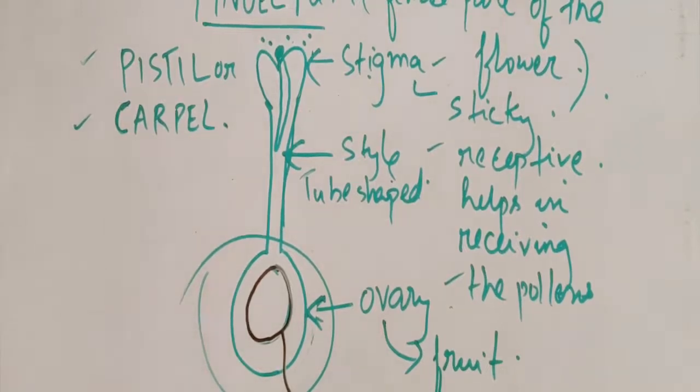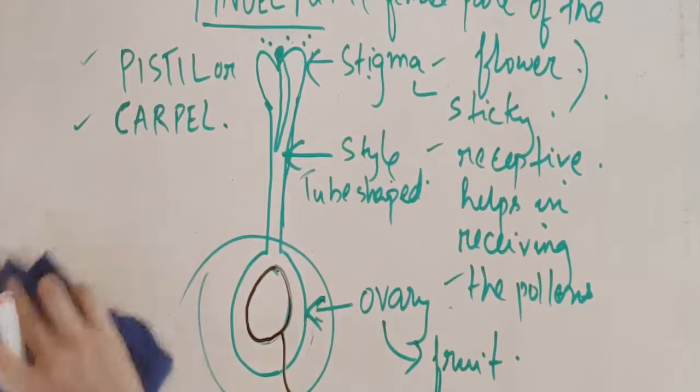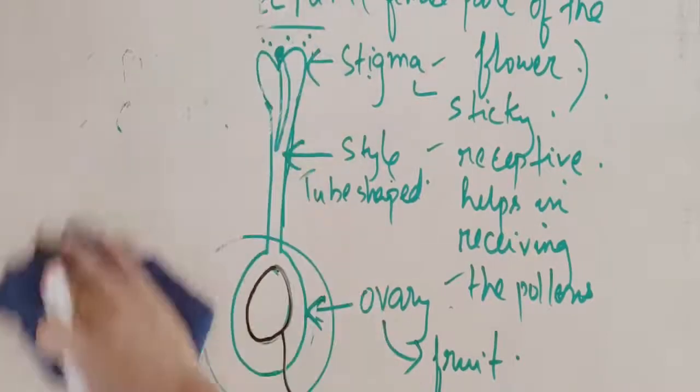Draw it: what is the structure of ovule? Ovule is also known as Megasporangium. As I told you, mega is big, micro is small. Megasporangium.